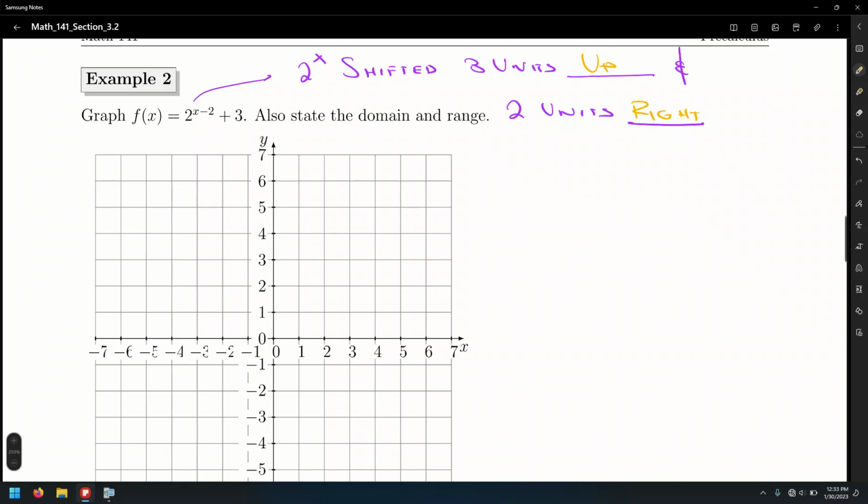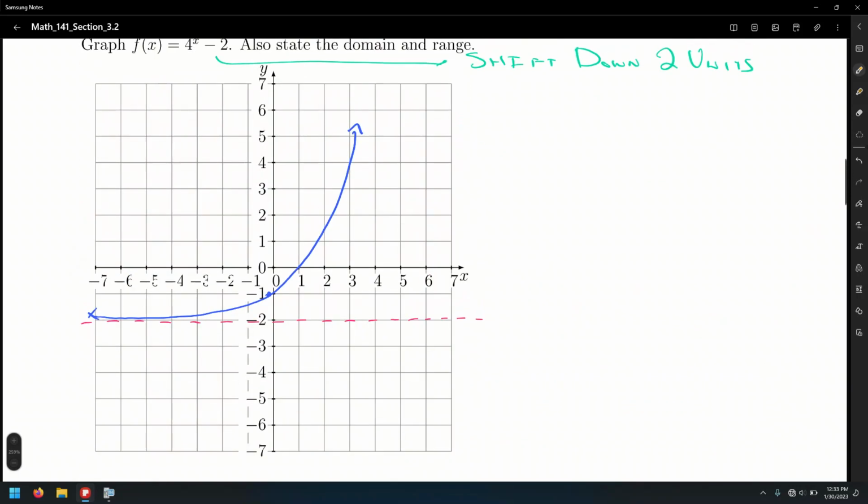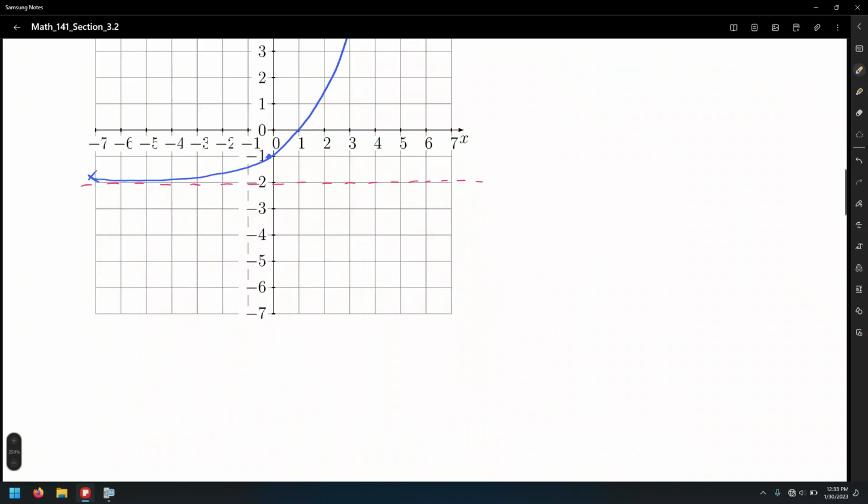Let's go ahead and do that. What's going to be our starting point? The same generic graph. Notice the generic graph will always have the point (0, 1) as the y-intercept, regardless of the base: 2 to the x, 7 to the x, a million to the x.